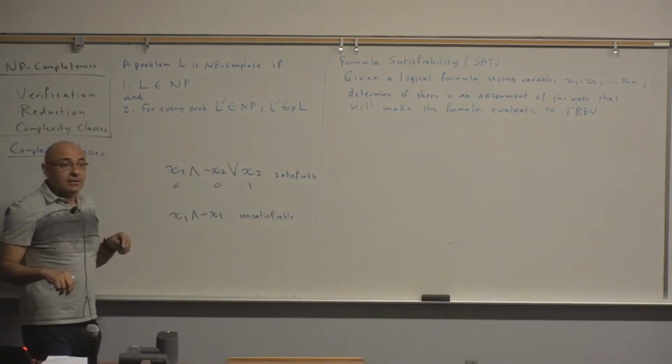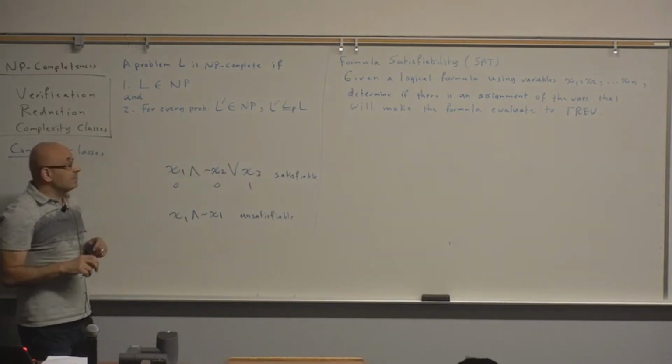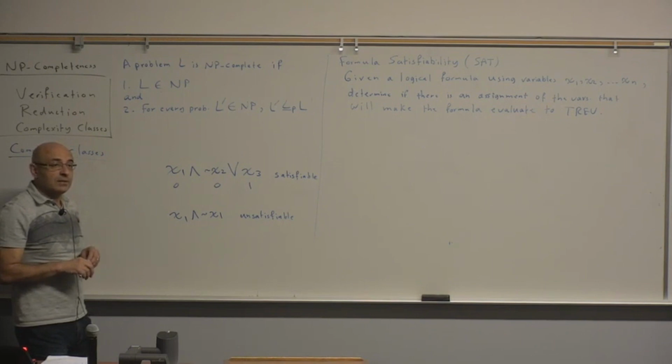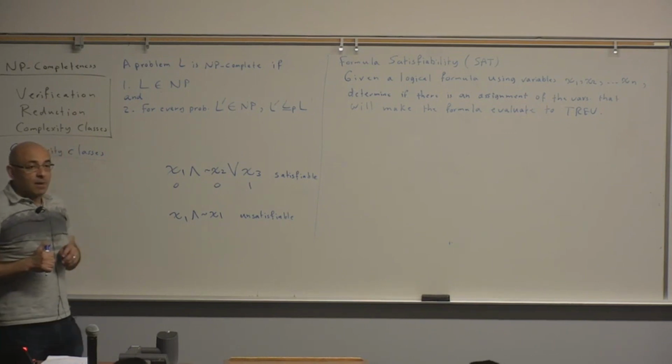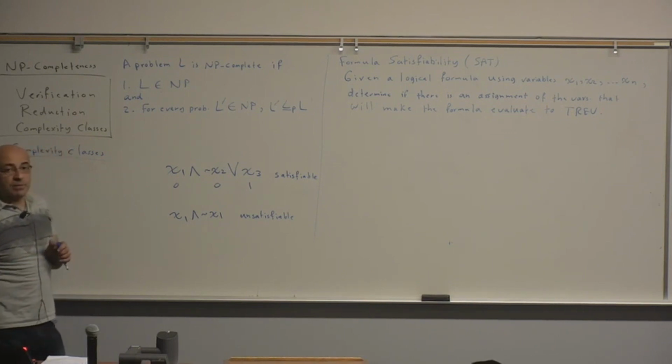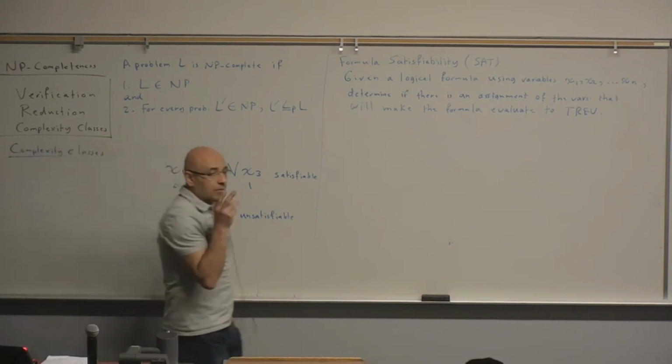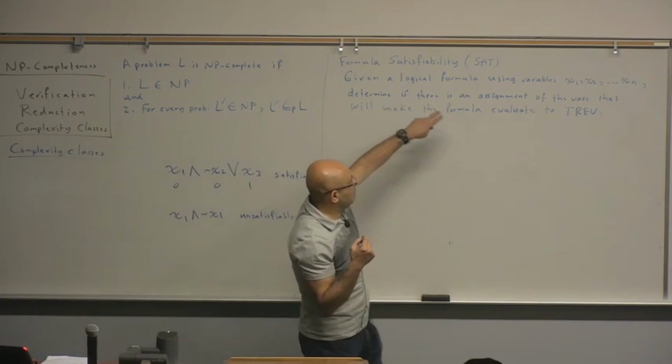Now, in general, this problem does not have a polynomial time solution. What's the brute force solution to this problem? Try all the combinations. And how many combinations do we have? 2 power n, because each variable has 2 possibilities, true or false, and we have n of them.